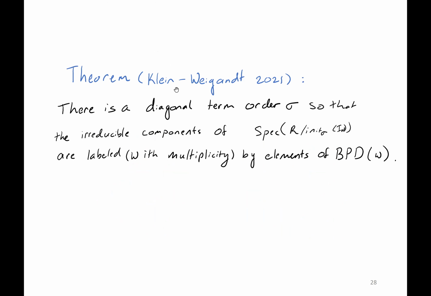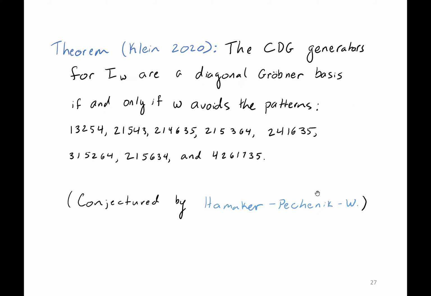And then the tricky part is we expect it to hold for all diagonal term orders, but for instance, things get complicated even for a lex term order. So there's still definitely more to understand here. But there exist situations in which bumpless pipe dreams are as geometrically natural as pipe dreams. And the conjecture is that you could possibly make this work in general, right? Yeah, so for any diagonal term order.